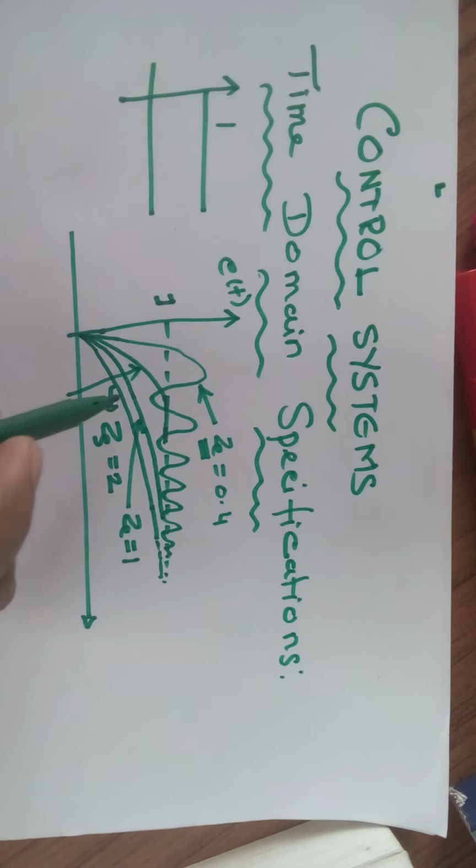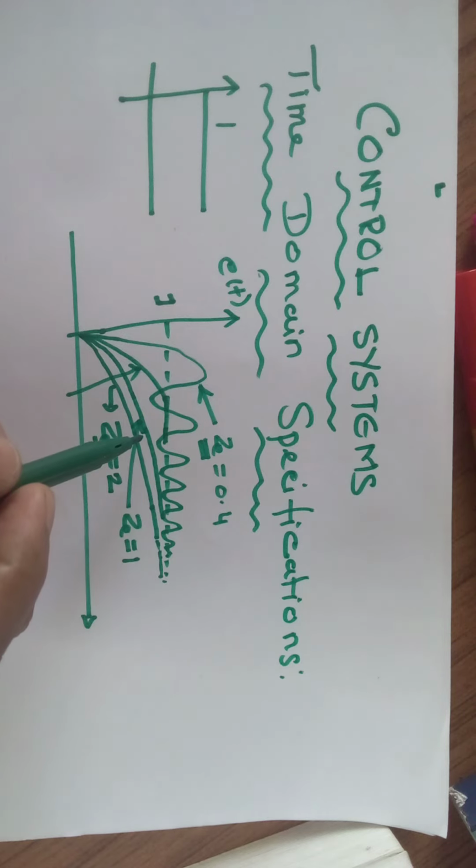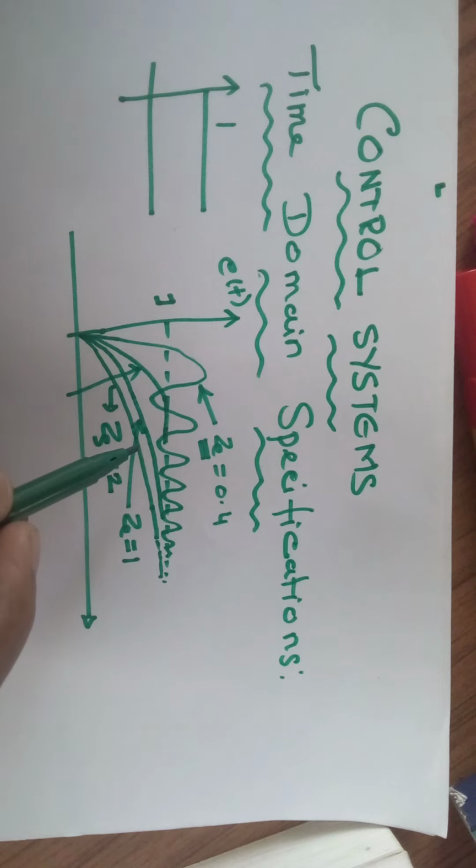This transient response depends upon the system's initial conditions. There may be some storage elements, and the energy stored in these storage elements will produce a response. That response is called the transient response.